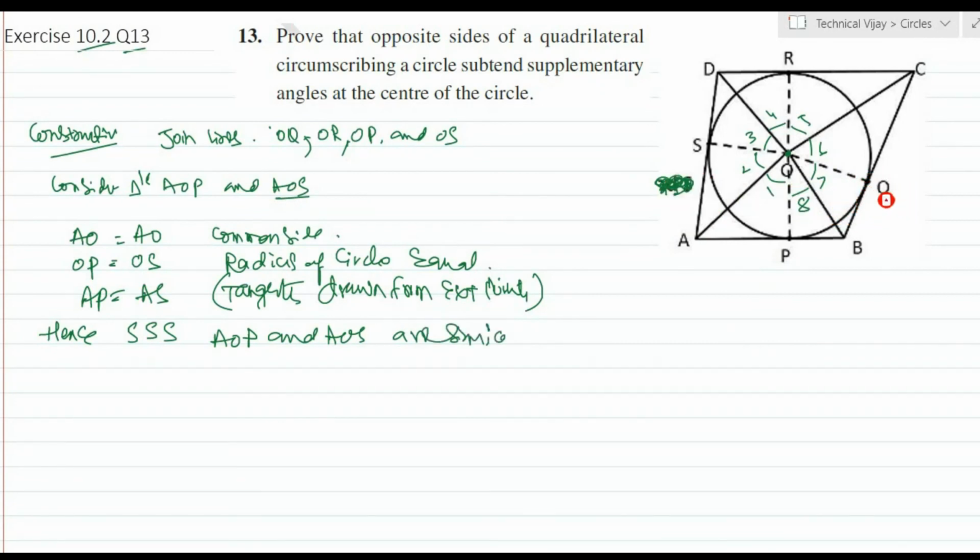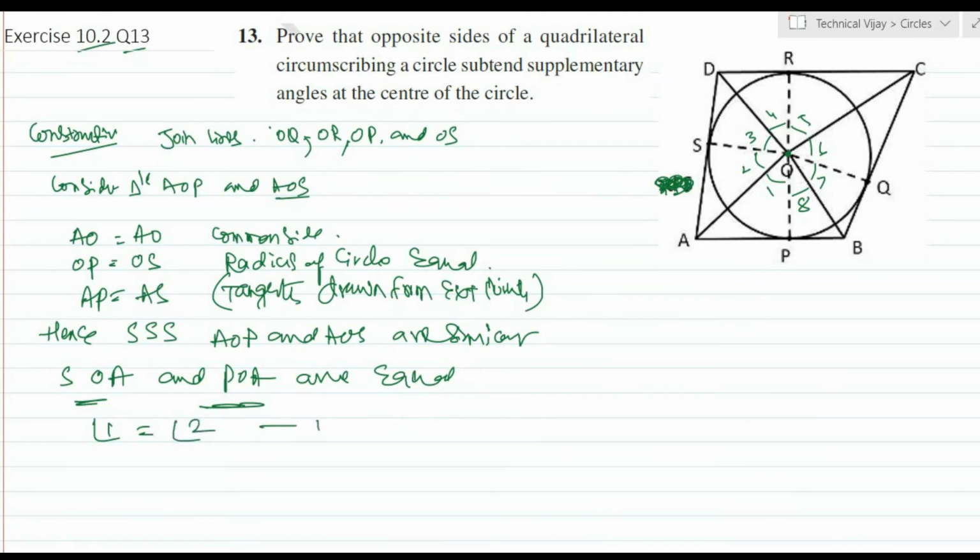Okay, they are congruent, and hence the angles SOA and POA are equal. That is, angle 1 is equal to angle 2. So this is 1.